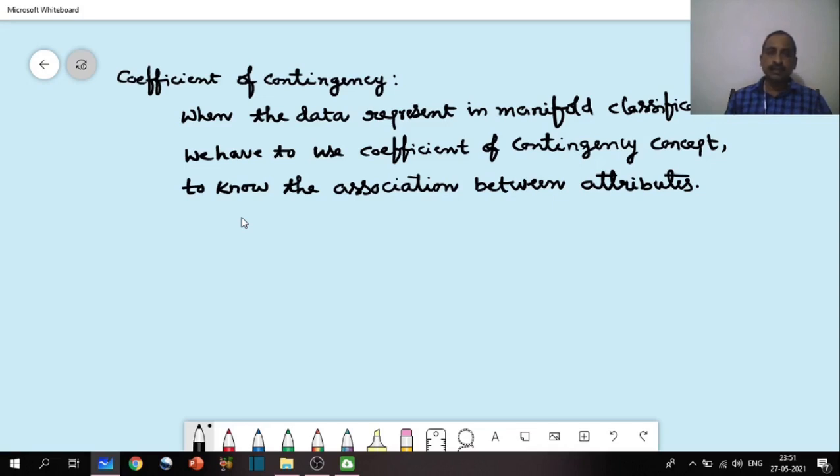Here the first one is the chi-square coefficient of contingency.